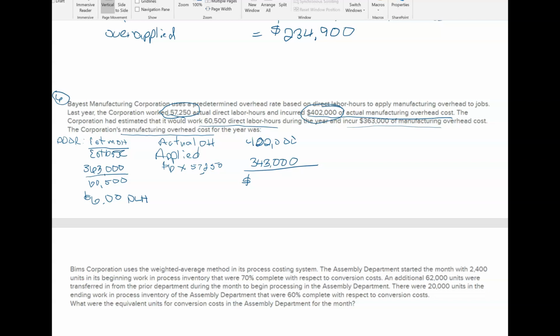Subtract the applied from the actual, and that's 58,500. So the corporation's manufacturing actual is 402,000.